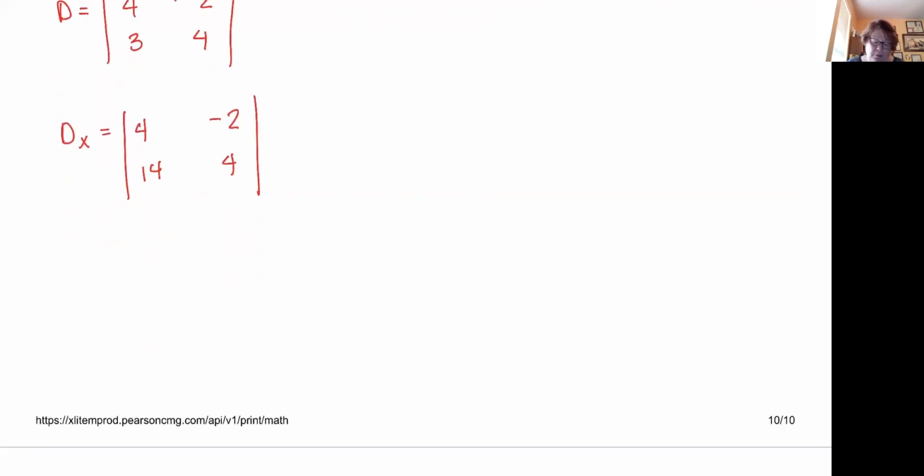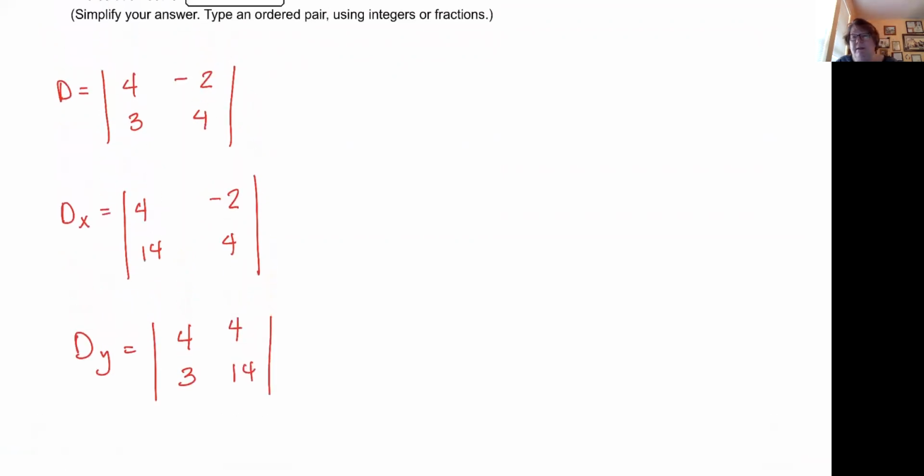The third determinant we need to find is the determinant formed by the matrix when we replace the y column with our constants. Now you could plug these into your calculator. Finding the determinant of a 2 by 2 matrix is pretty easy, so calculator is probably not necessary. You multiply the main diagonals together, so 4 times 4.